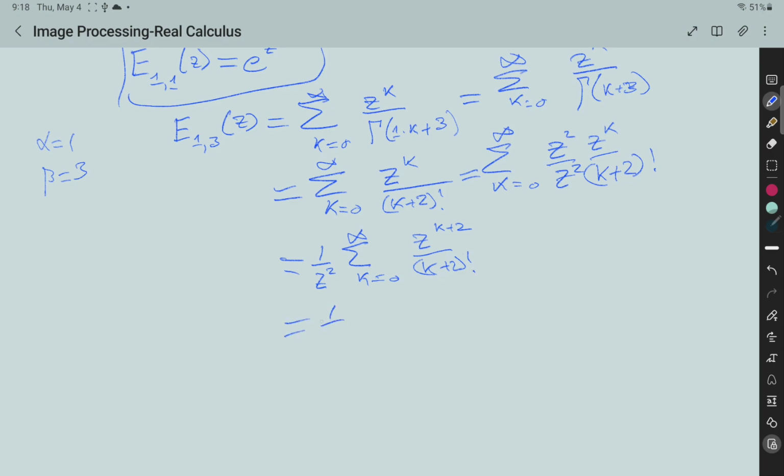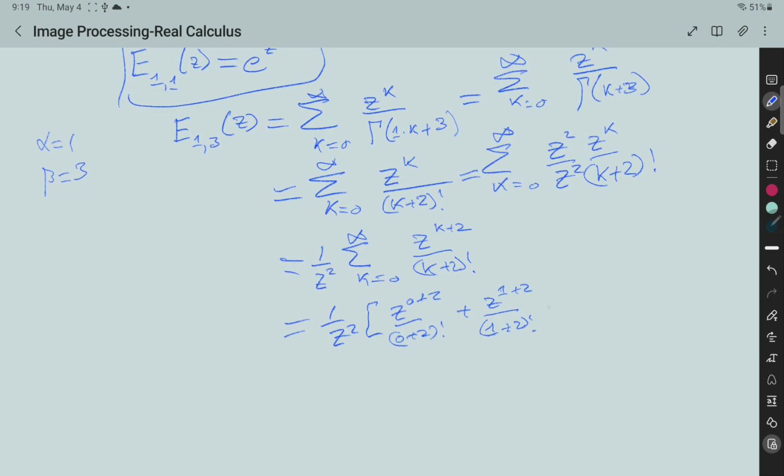So you could write this sum out if you want to. So for example, what happens when k is equal to 0? Well, when k is equal to 0, then you have z to the 0 plus 2 divided by 0 plus 2 factorial. And then k equal to 1, then you would have plus z to the 1 plus 2 down here is 1 plus 2 factorial.